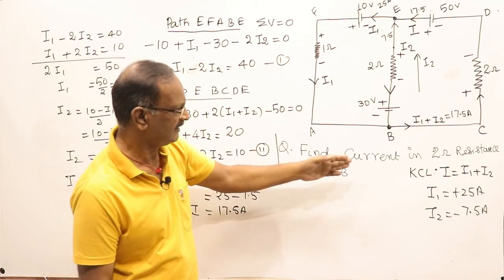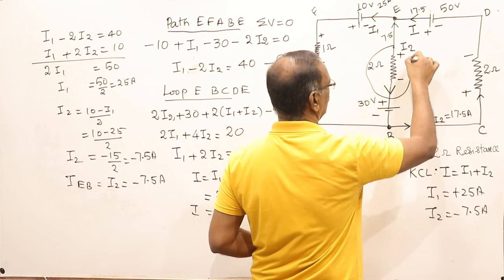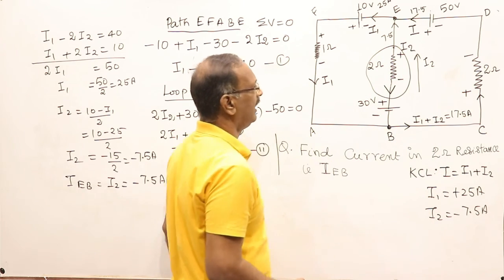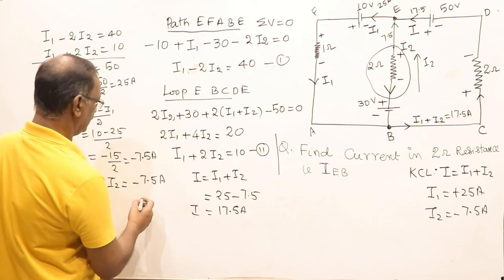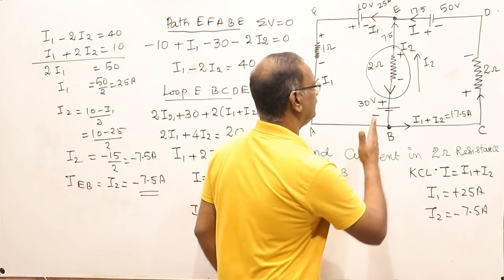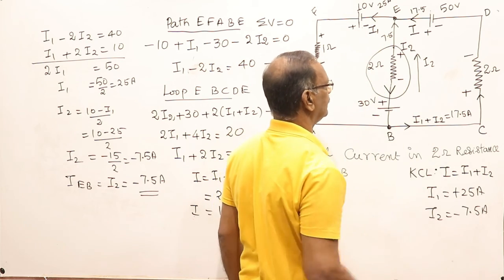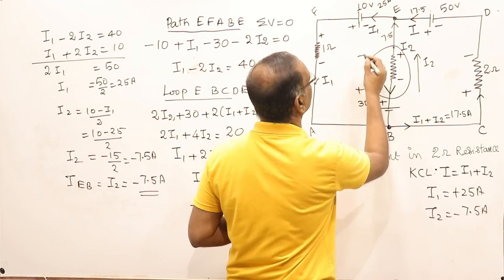What else? Find the current in the 2 ohm resistance. This is the 2 ohm resistance we have to find out. In the 2 ohm resistance, I2 is flowing. What is I2? I2 is equal to 7.5 ampere, and this 7.5 ampere is flowing in this direction, if this is plus and minus.